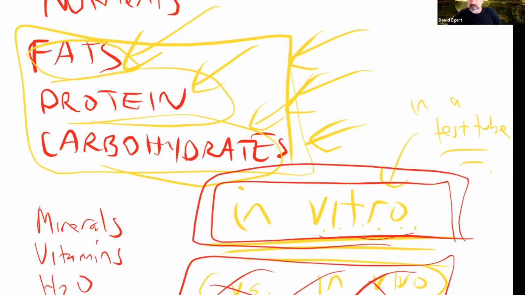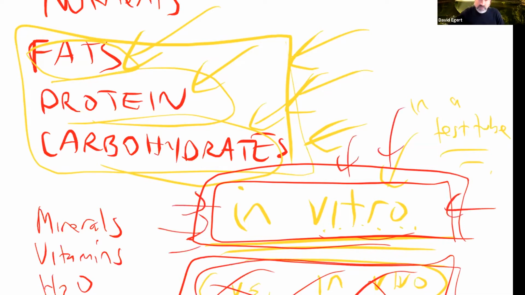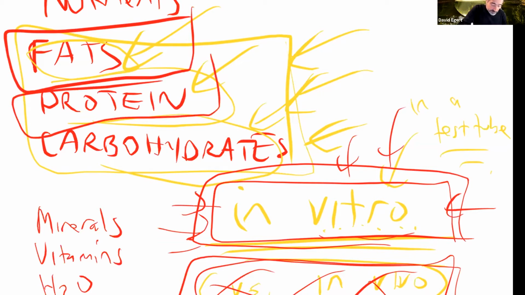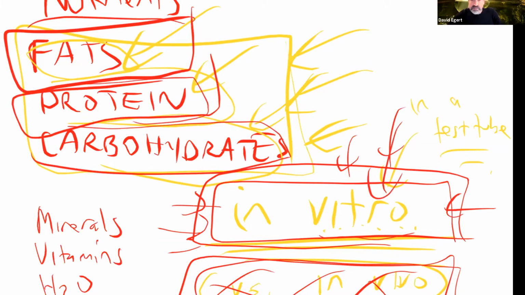There could be complexities going on in the real body that you're missing if you're doing this kind of artificially controlled reaction in a test tube, but it can give you a lot of good information. And that's what we're going to be doing in this lab. We're going to be looking at the breakdown of fat, protein, and carbohydrate in test tubes, where we can change the conditions, see how pH affects things, things like that.